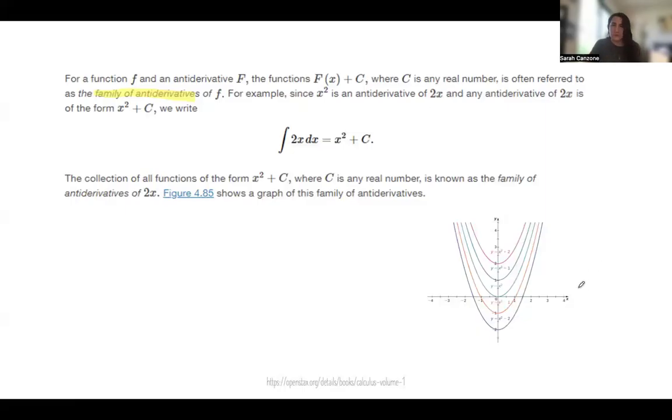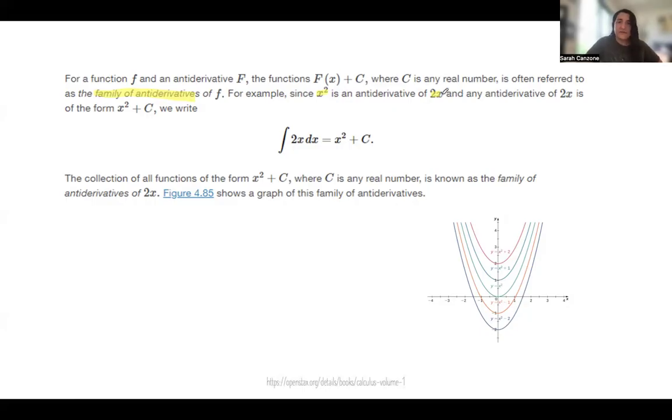This isn't going to be super important for the rest of the course. This is just to further your own understanding. So for example, x squared is an antiderivative of 2x, which we know because if we take x squared and bring the exponent out front, we get the 2, and if we then take the derivative, we get back to 2x.